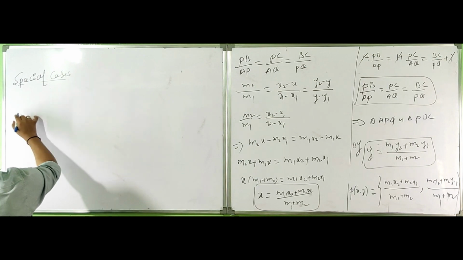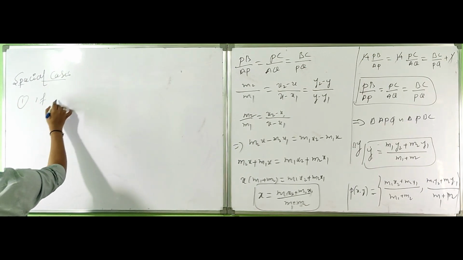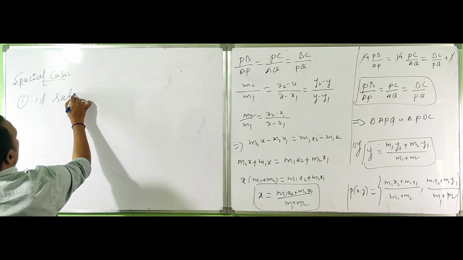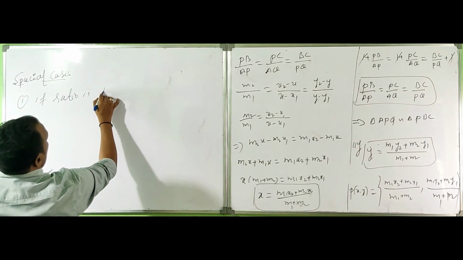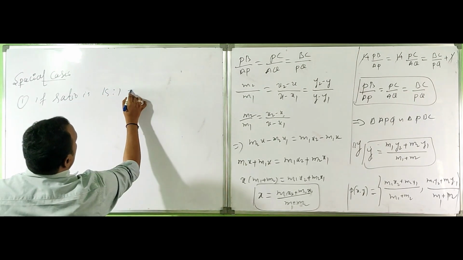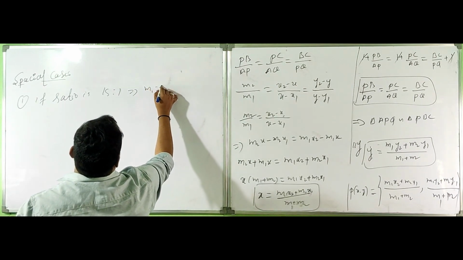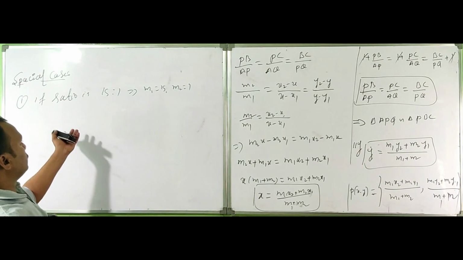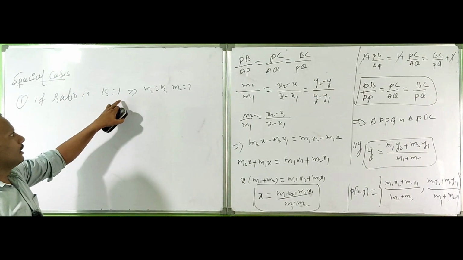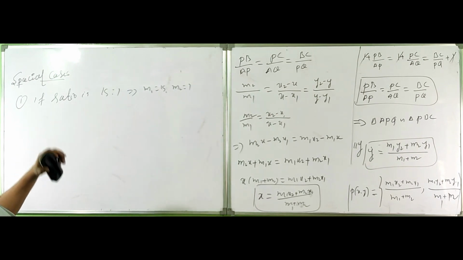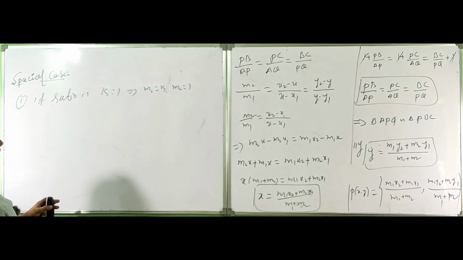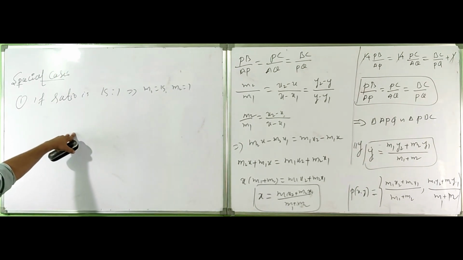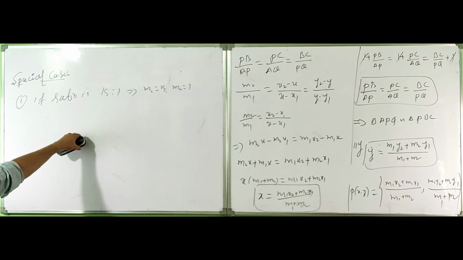Special cases. First one: if the ratio in which the line is divided is k is to 1, this implies m1 becomes k and m2 becomes 1. If the line divides in the ratio k is to 1 or 1 is to k, whatever may be taken, m1 is equal to k and m2 is equal to 1.